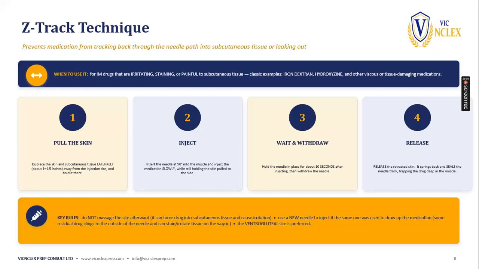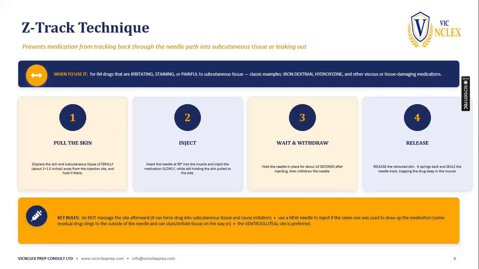Iron. When we are giving iron IM, that's how we use it. We have to use the Z-track method. Hydroxyzine. Remember, hydroxyzine is an antihistamine as well. So we use the Z-track method in giving hydroxyzine. So take note of that. And then some vesicant injections. We use the Z-track method so that it will not damage the skin.